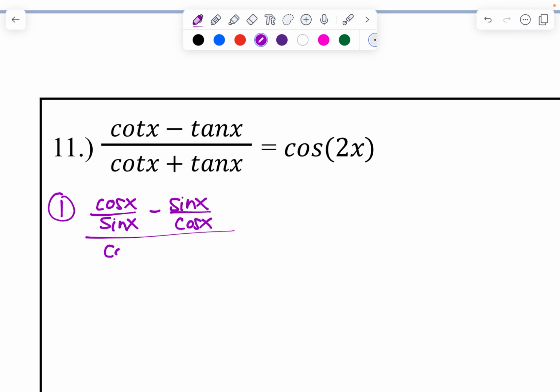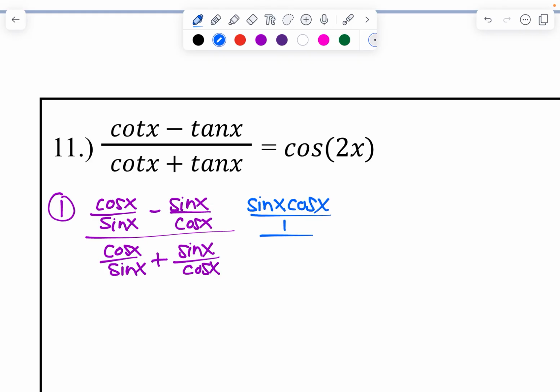And then we'll have cosine of x over sine of x plus sine of x over cosine of x. And then let's fraction bust. We don't want all those fractions within the fraction, so our least common multiple of the denominators would be sine of x cosine of x. So we're going to multiply top and bottom by that. Remember, it's a whole value, so it's not going to change. It's going to knock those denominators out.